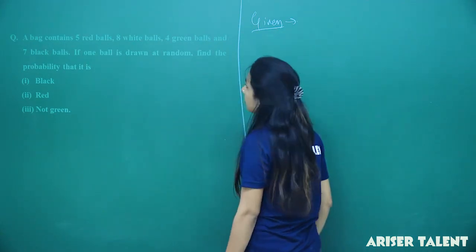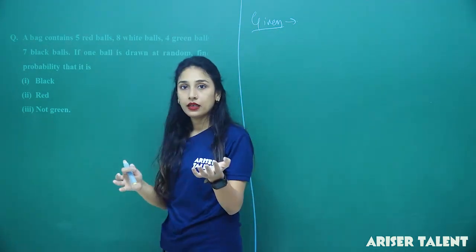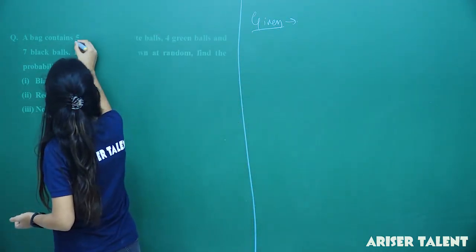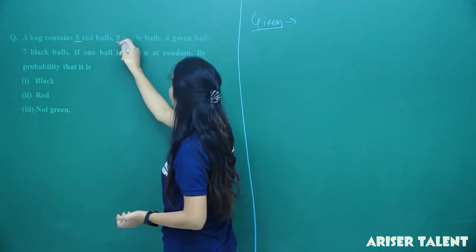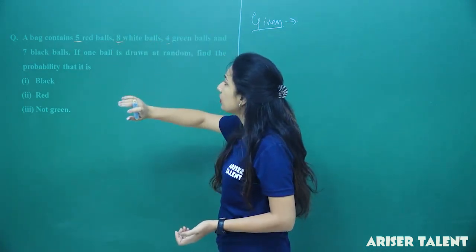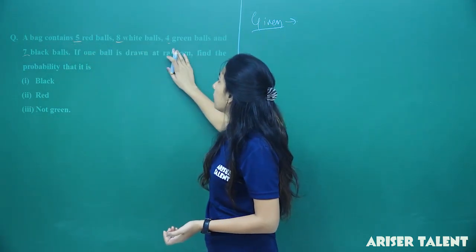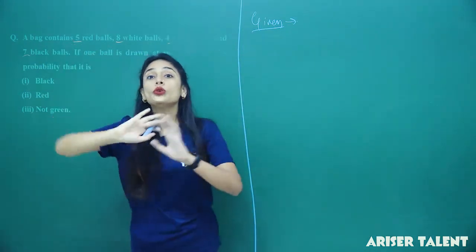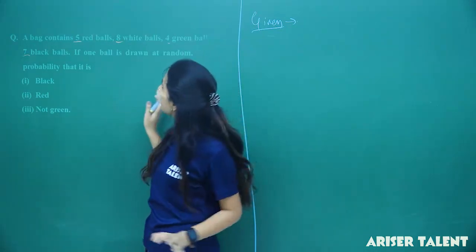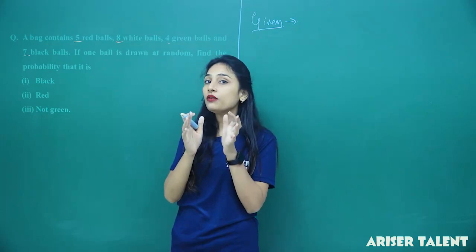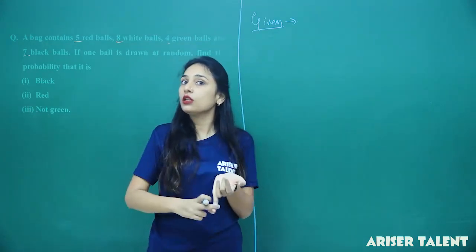Okay, let's understand. It's having a bag and having some number of balls. Number of balls are 5, 8 and 4. So, total number of balls, and 7 also. 7 plus 5 plus 8 plus 4. These are the total number of balls in that particular bag. Right. Now, students, listen to me very carefully when I am talking about total outcome.